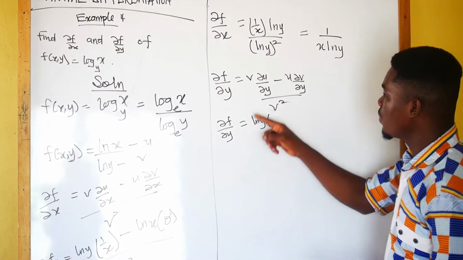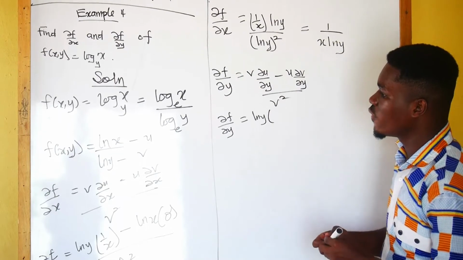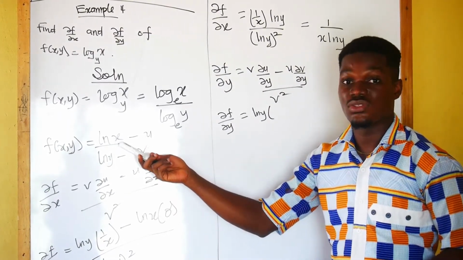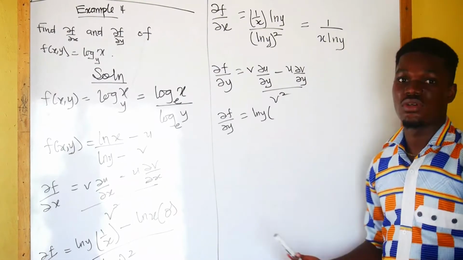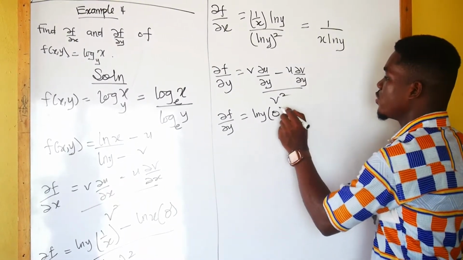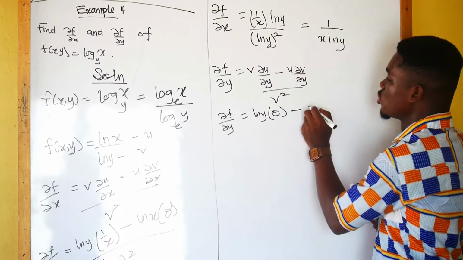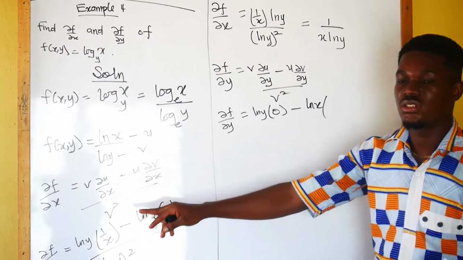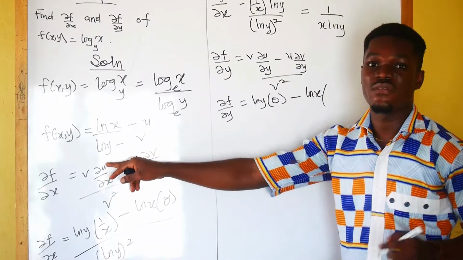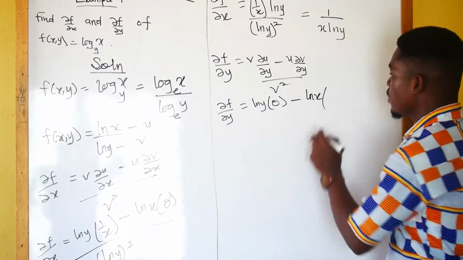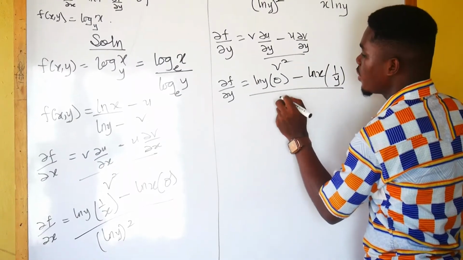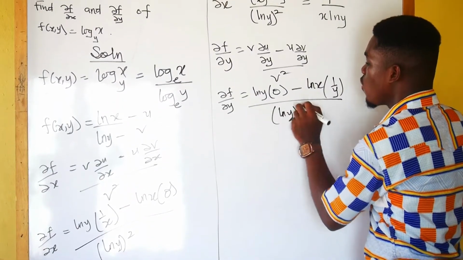So the partial derivative of u with respect to y is 0 since x is held constant, minus u, ln x. Then the partial derivative of ln y with respect to y is 1 over y, all divided by ln y all squared.